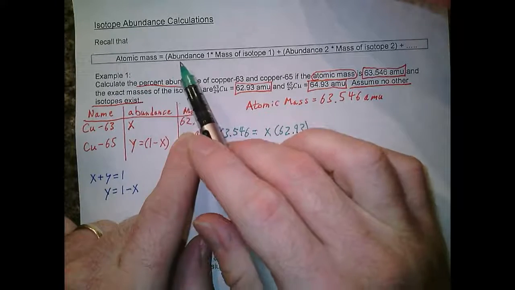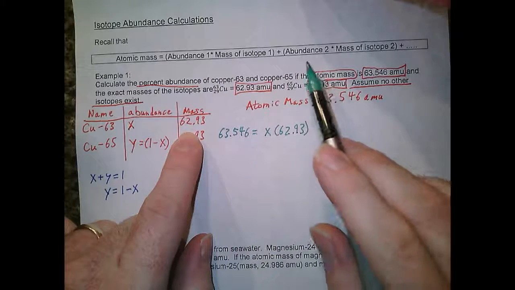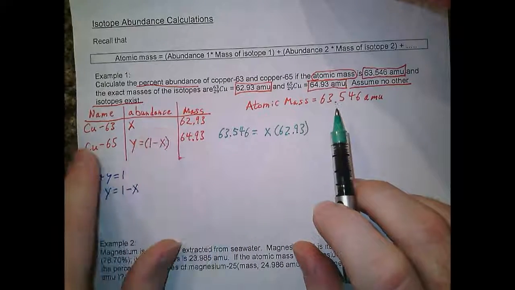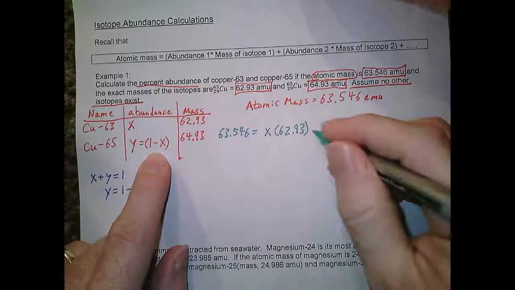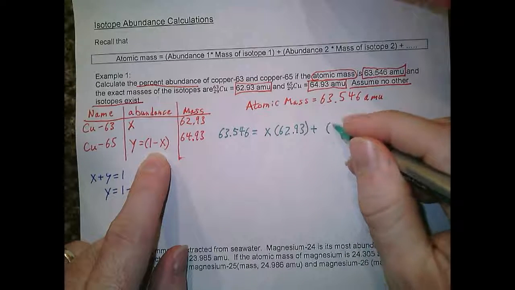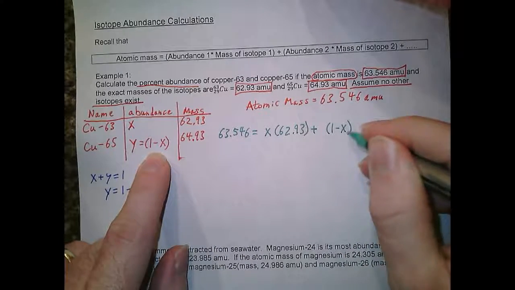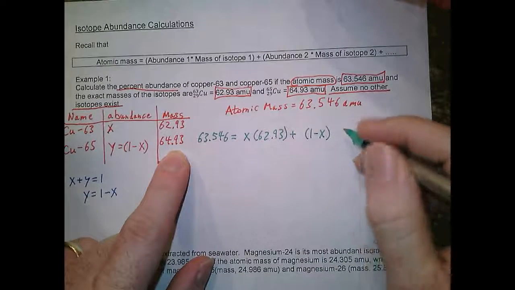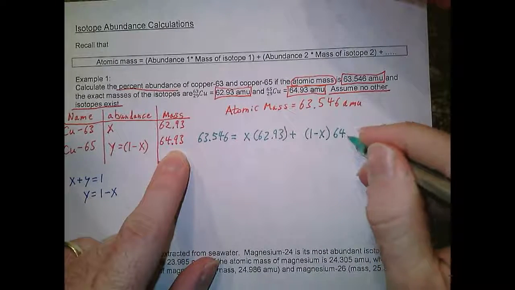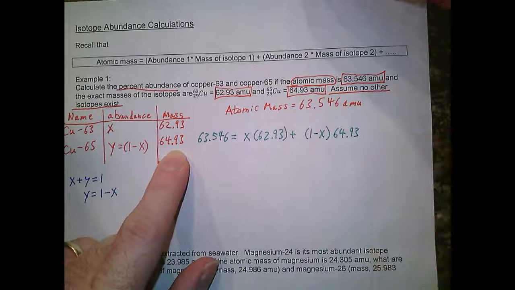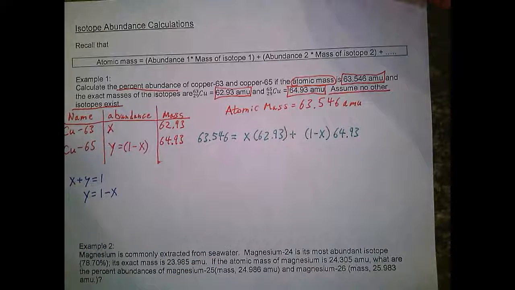So atomic mass is abundance 1 times mass 1 plus abundance 2 times mass 2. Abundance 2 is 1 minus x, times 64.93.